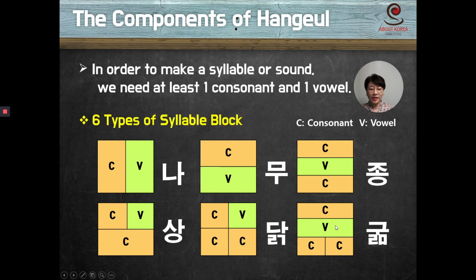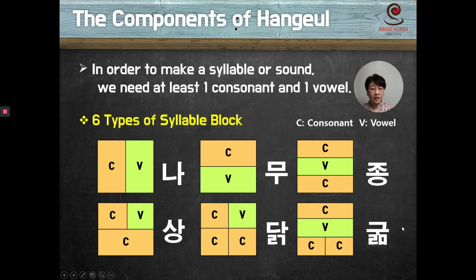And lastly, the first position is a consonant and the second position is a vowel from top to bottom, and then the bottom position has a double consonant. An example is 읆: 리을, 미음 is a double consonant in the bottom position.